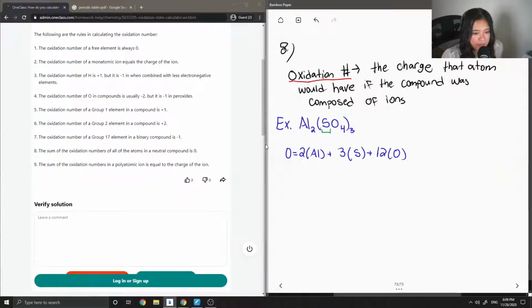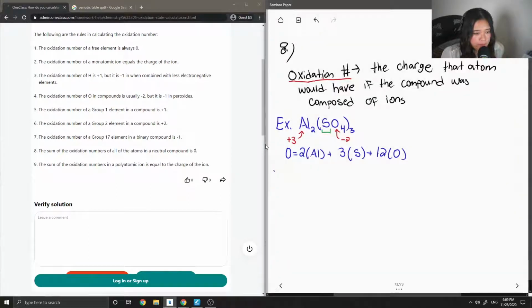So in the brackets, I am now going to put in the oxidation number of each of the atoms. So aluminum is a group 3 element, and it has an oxidation number of +3. And rule number 4 says the oxidation number of oxygen is usually -2. So since this is not a peroxide, oxygen has an oxidation number of -2.